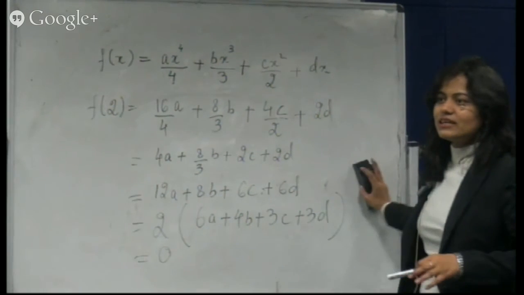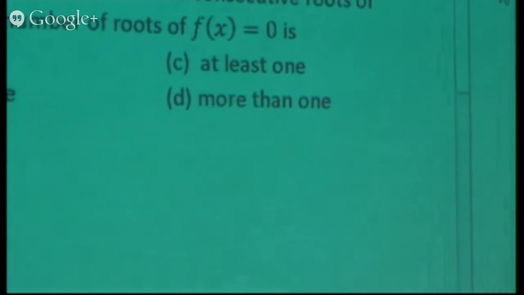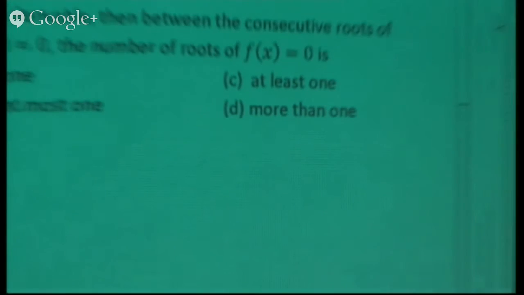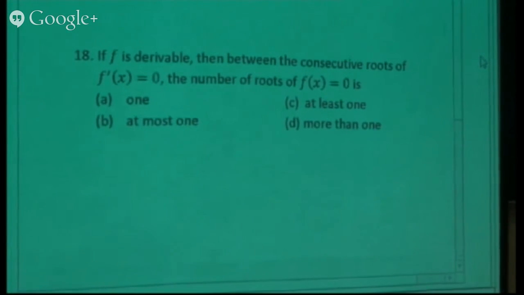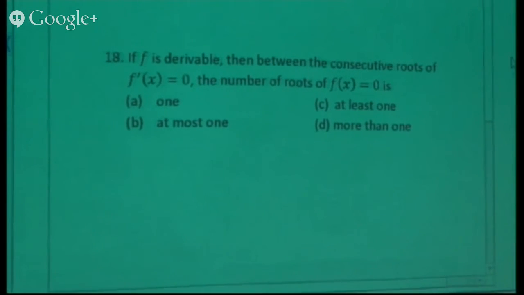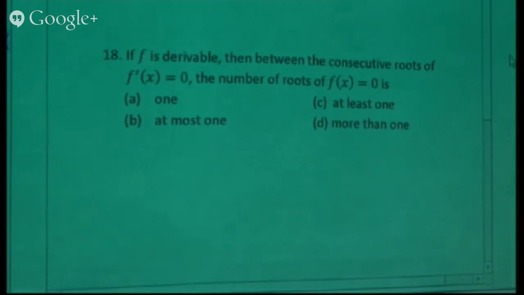Next problem, please. The 18th. Okay, so if f is differentiable, then between two consecutive roots of f dash x is equal to 0, the number of roots of f x is equal to 0 can be... tell me, we just discussed this fact. Rolle's theorem says between two consecutive zeros of f, there is at least one zero of f dash.